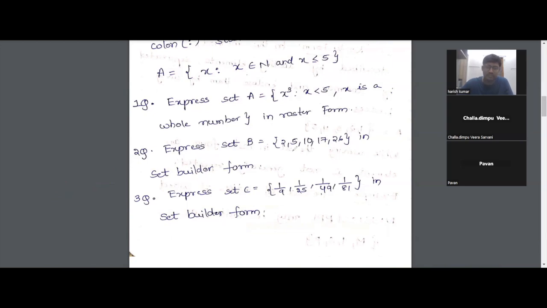What about the second one? Express set B in set builder form. How do we write this in set builder form? Anyone tell me.